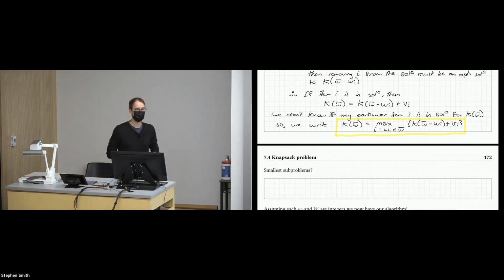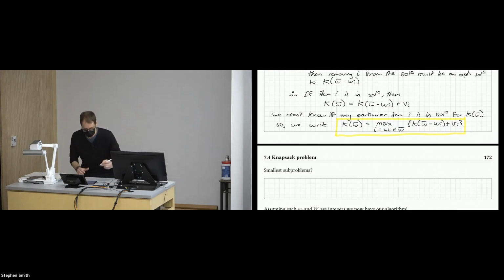Smallest subproblems, I think I already said it, right? It's just going to be K of the empty set equals 0, or K of weight 0 equals 0.